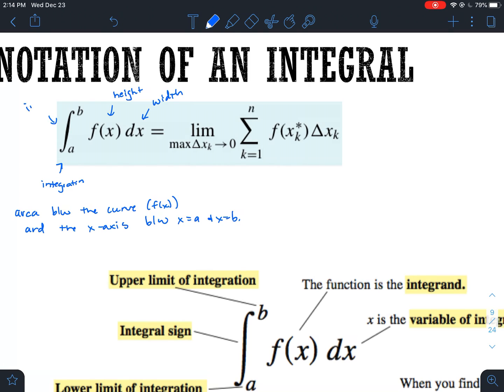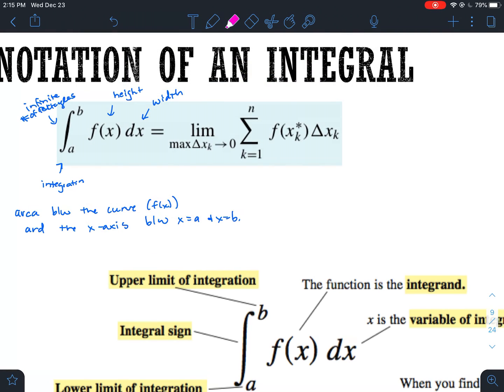So that's what you're doing. And then f of x would be the height of each of those rectangles, and dx is the width of each of the rectangles. And basically what this means is that if you integrate from a to b, there's going to be an infinite number of rectangles.